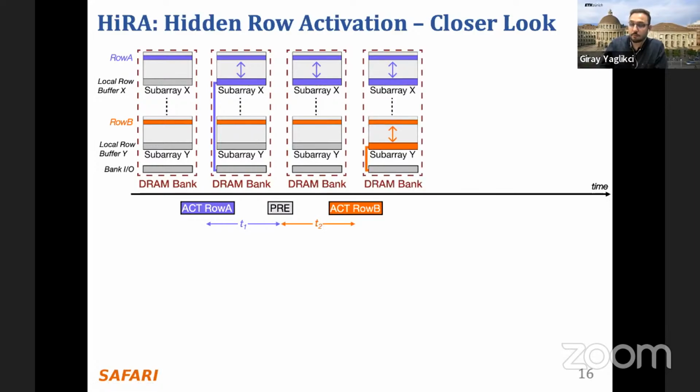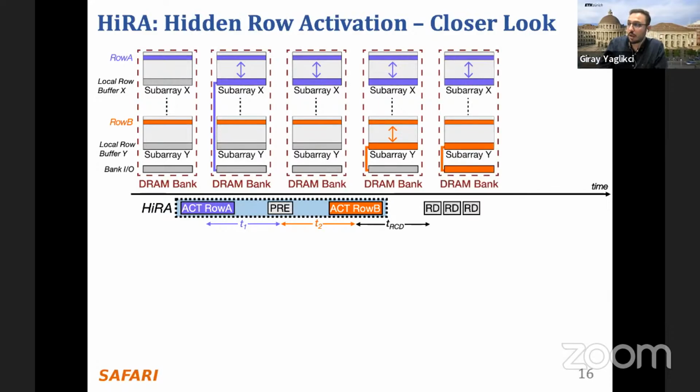And before precharge completes, we send another row activation so that this row is not closed. It is still connected to this local row buffer. But now we activate another row in another subarray, which connects that row to its own local row buffer, and also connects this local row buffer to the bank I/O. We call this operation HiRA.